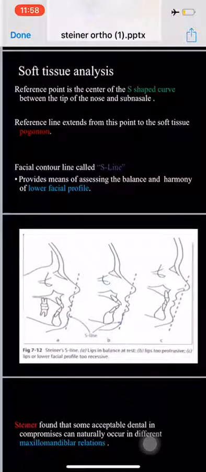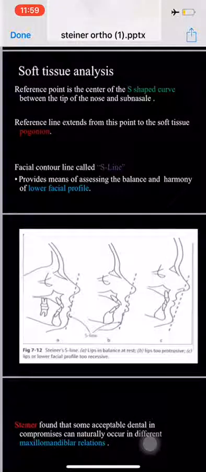هذا الدوتد لاين لازم يمر بالبوغونيون، على اعتبار انه دكتور شتاينر اخذ البوغونيون اعتبرها السوفت تيشو بوغونيون هنا، مو السكليتال بوغونيون. هو بعدين ترك بالسكليتال واعتمد على السوفت تيشو بوغونيون، يعني بالسوفت تيشو بالمصل. فقال the reference line extend from this point اللي هي between tip of the nose and subnasalis in the S-curve shape from this point into the soft tissue بقولنا مو skeletal. انتبه لهنا.